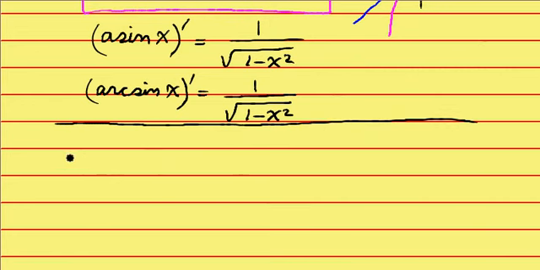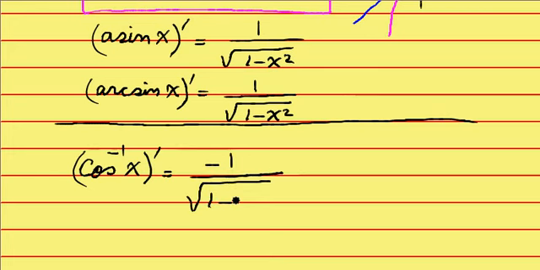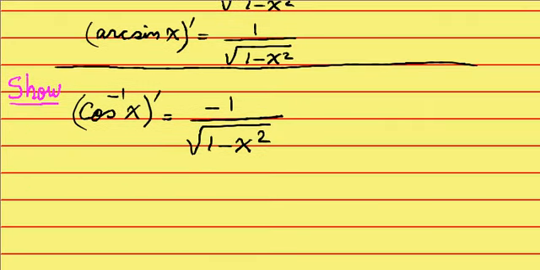Okay, next formula we have in mind is cosine inverse of x differentiated. This one turns out to be minus 1 over radical 1 minus x squared. So what we are going to do is to understand where this comes from as an example of implicit differentiation.